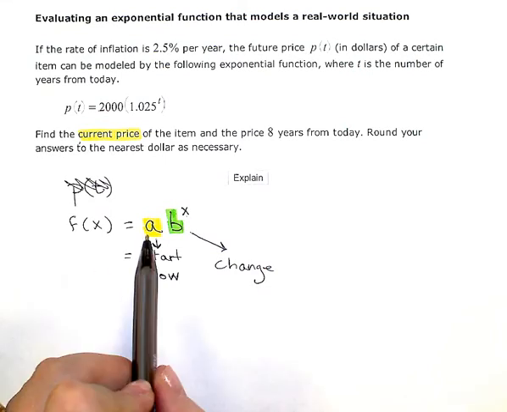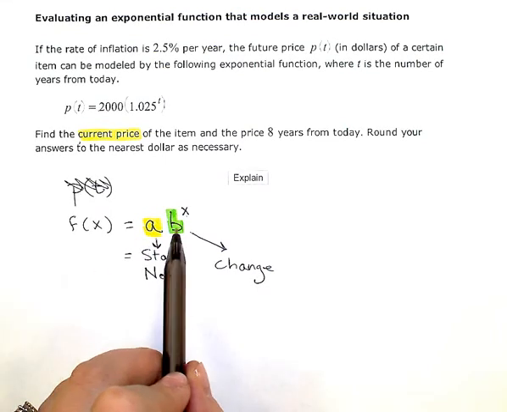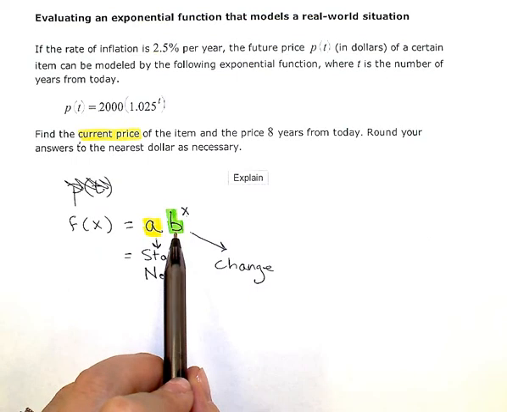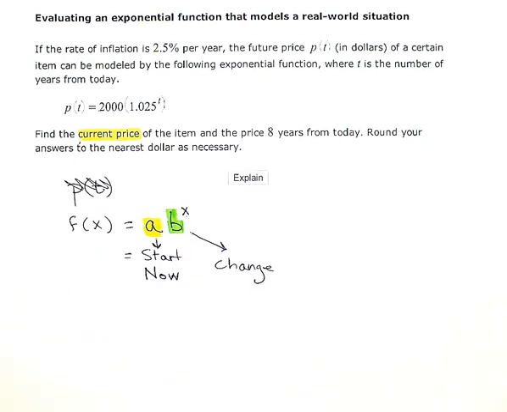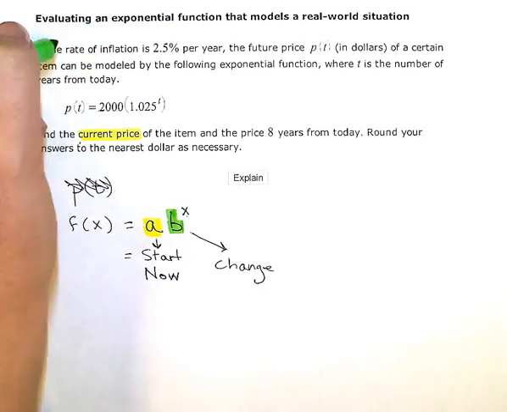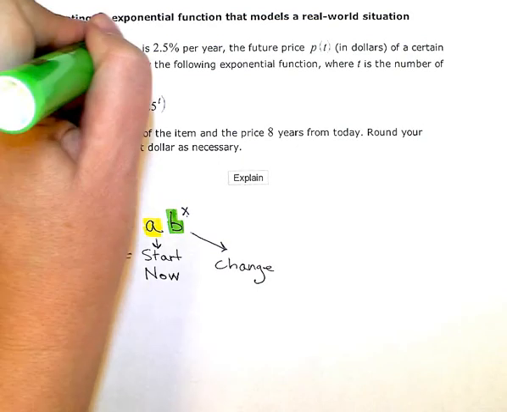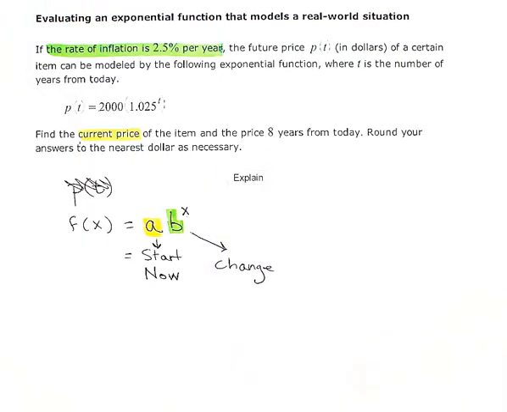So we're starting with this number, and then how is that number going to change over time? And in our problem, it is the rate of inflation, okay, is 2.5% per year, okay?